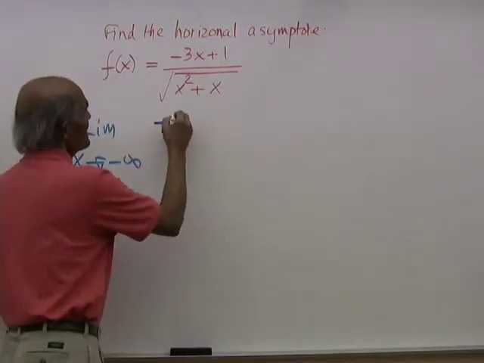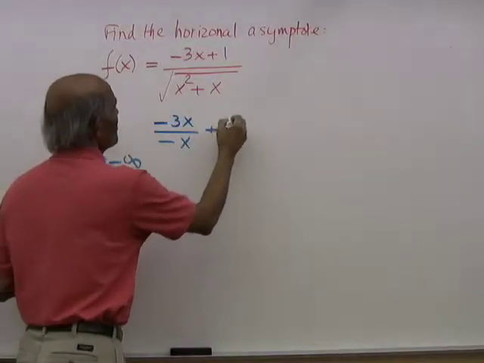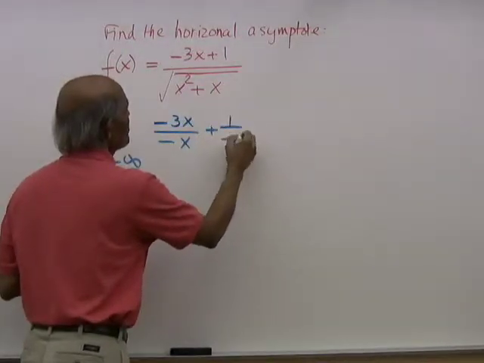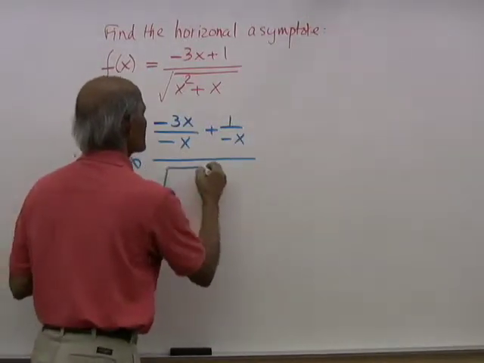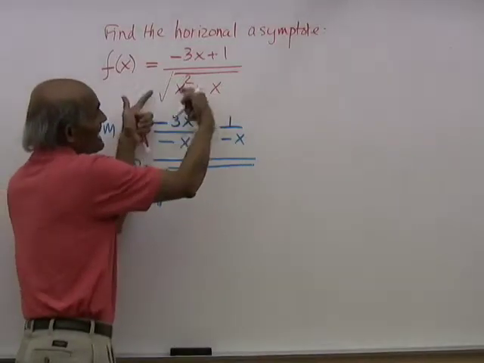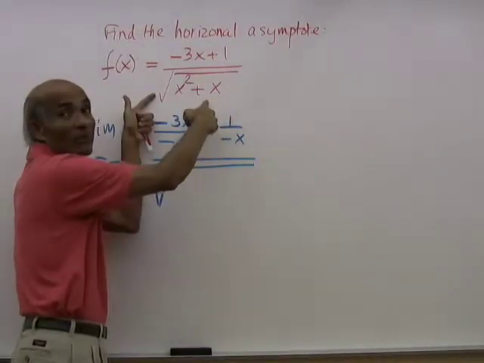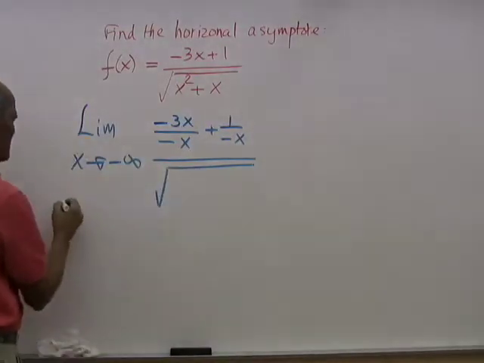It will be negative 3x divided by negative x plus 1 over negative x all over square root of, now remember, when you divide a square root term by, say, negative x. Look at this.